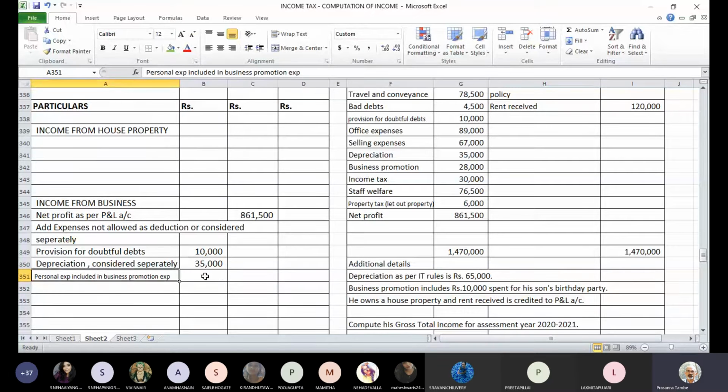Now we are not going to add the entire amount of expenditure, only this 10,000. Rest is for business. What is personal is given separately, 10,000. So we have to add back.